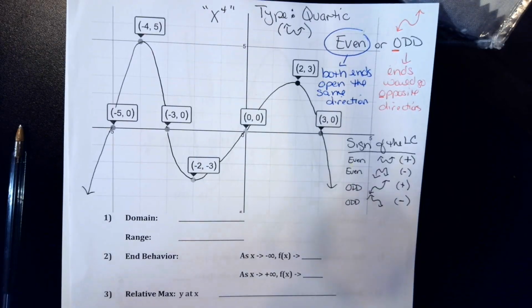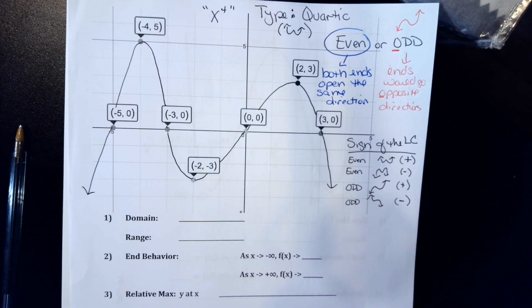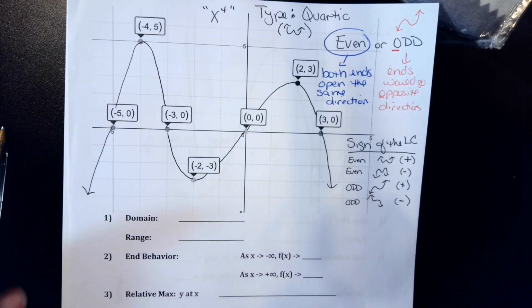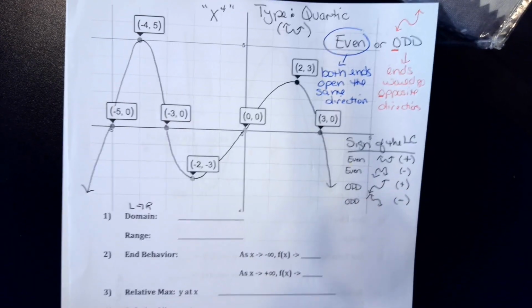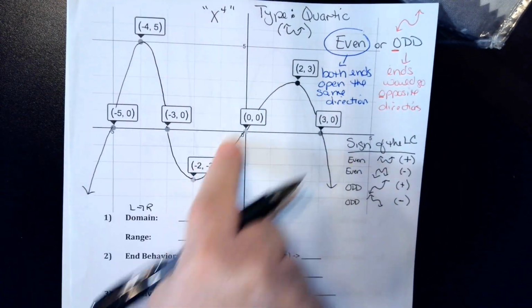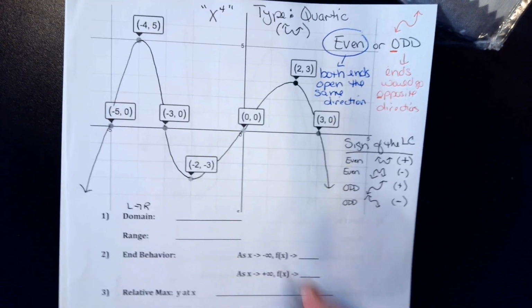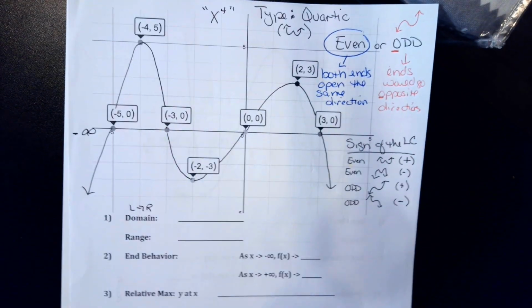Alright, so let's get into our key features of this quartic function. We're starting off being asked, what is the domain? Remember, domain is always from left to right. I can see it's going to the left forever, and I can see it's going to the right forever. Going to the left, it's going to negative infinity on the x-axis.